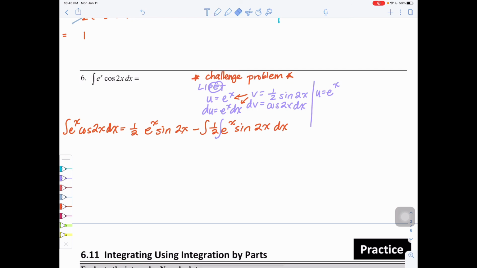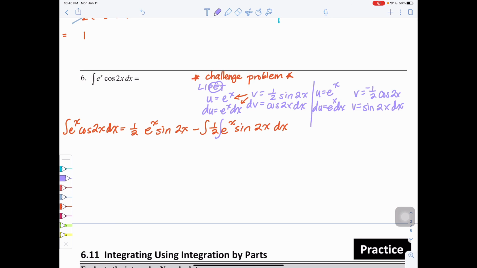So dv is sine 2x dx, and v now would be 1/2 negative cosine 2x. The derivative of the negative cosine is the positive sine, and then we need that 1/2. So du is e to the x dx.